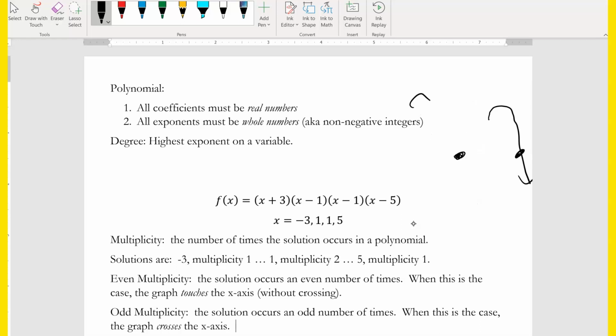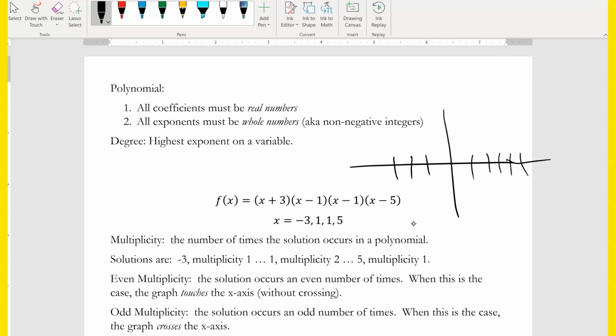So if I did my example here, -3, 1, and 5, right? There are my x-intercepts. It would cross at -3, touch at 1, and cross at 5.